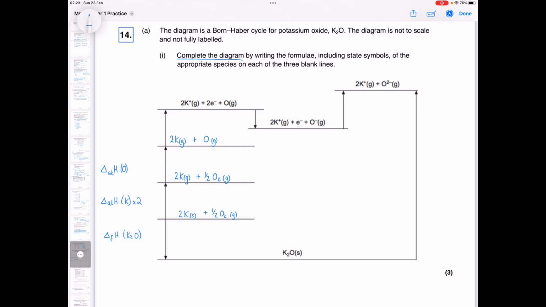And then the final one here, we've got 2 times the enthalpy change of ionisation for potassium. First ionisation energy, and we've got 2 moles worth of that. And that will get us to the top line. That's completed our cycle.